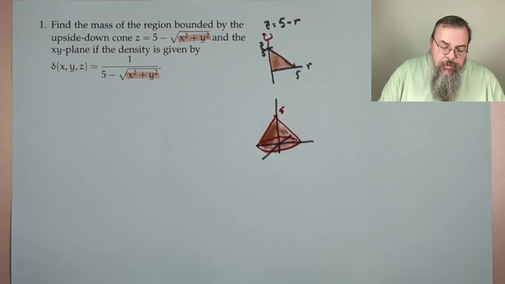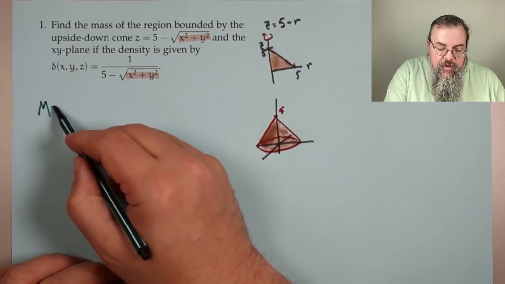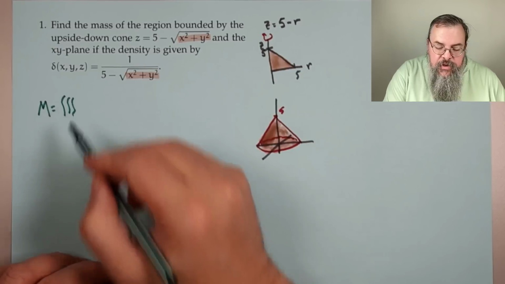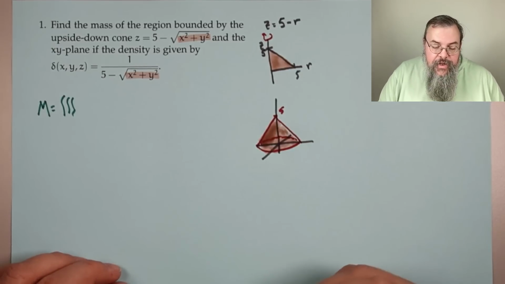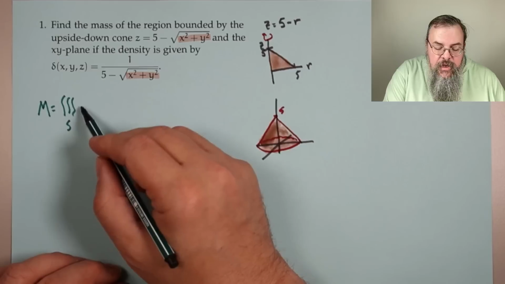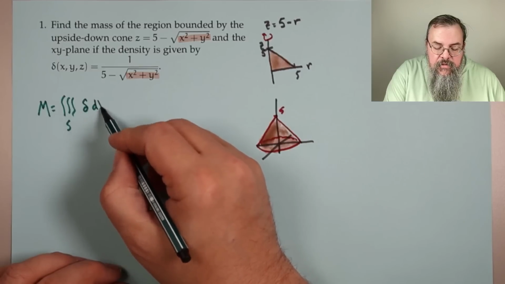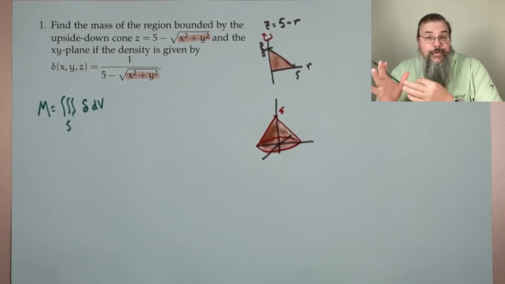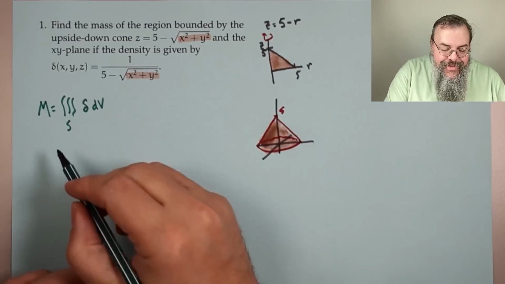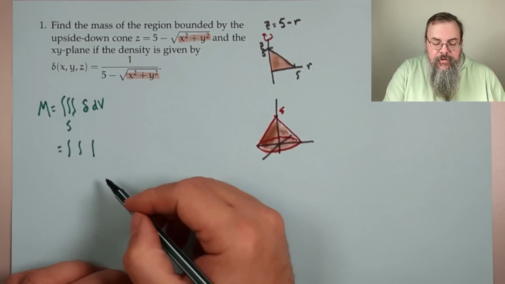Now, if we think about what's going on, we can say mass is the 3-dimensional integral, because it's a 3-dimensional solid, over our region of density dV. Now, we're switching to cylindrical, so give ourselves space.